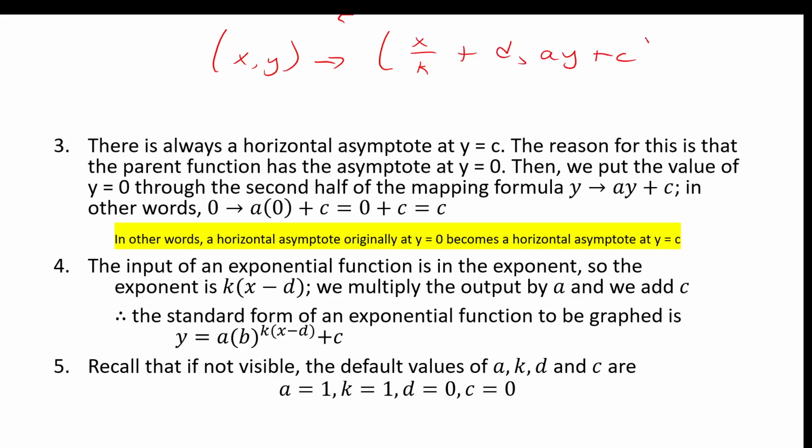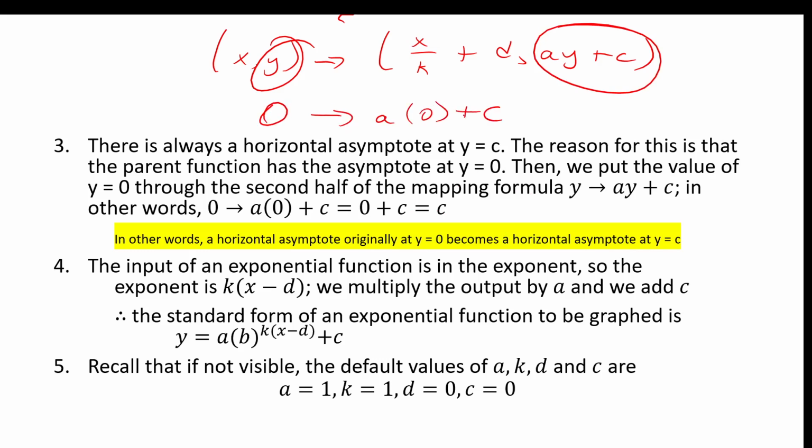So looking at the second half of that, we'll see that y will map onto ay plus c. Well, since the y value of the asymptote is 0, 0 will map onto a times 0 plus c. A times 0 is just 0, so in other words, 0 will map onto c. And so the horizontal asymptote originally at y equals 0 will become a horizontal asymptote at y equals c.